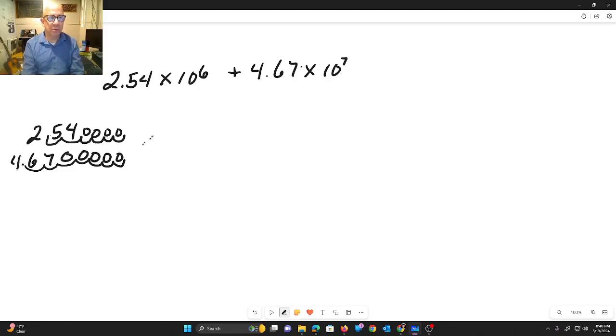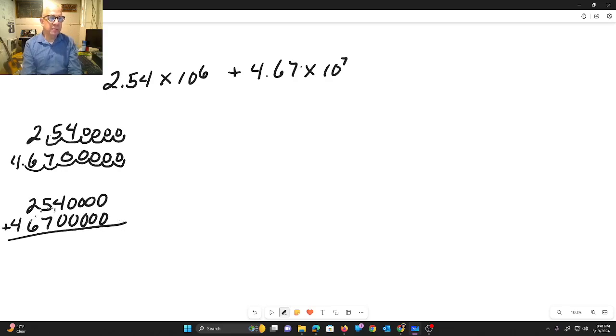Now I've got these two numbers. So let me rewrite them so they're a little neater. 2,540,000 and 4,670,000. Right? So now if I'm adding them together, you'll notice the 4.67 and the 2.54, the decimals aren't lining up again.